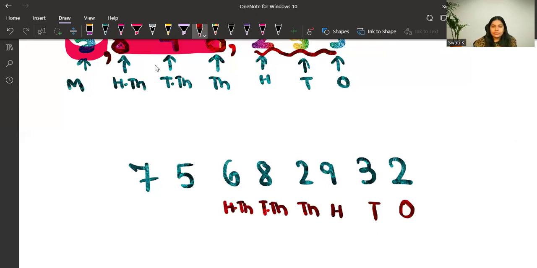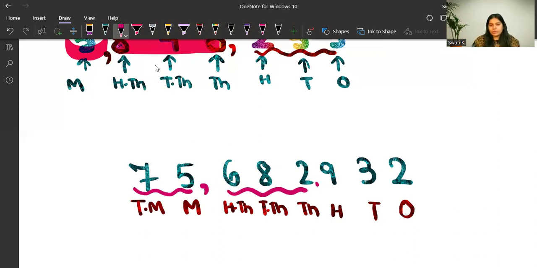Then million. And after that, of course, it will be 10 million. Right? Okay. Now, how to read this? Same. 75. Now, of course, we can't read the million two times. So 75,682,932. That's how we read it.